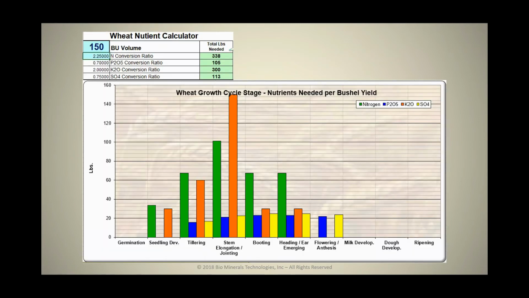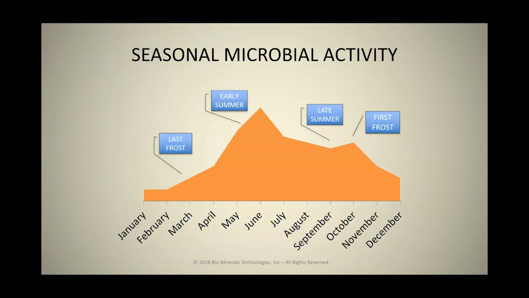So when you look at the plant's nutrient demands, the soil microorganism activity is going right along with the peak demands. When the plant is demanding that nutrition, the soil microorganism activity needs to be right in parallel with this.